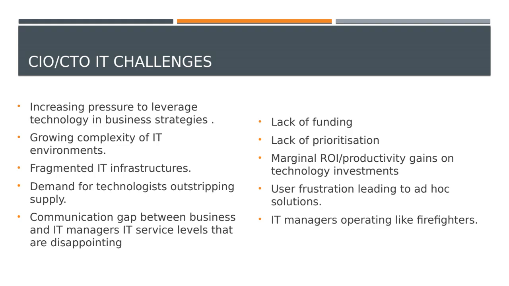Demand for technology outstripping supply, of course. Communication gap between business and IT managers. Sometimes this is a problem. The IT people are thinking in one way and the business people are thinking in a different way, and they don't communicate. So this is the role of the CIO, CTO, CEO, to handle these challenges. Lack of funding, maybe. Also, you may not have a proper prioritization of your projects.